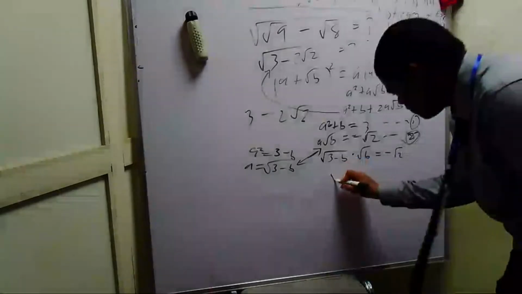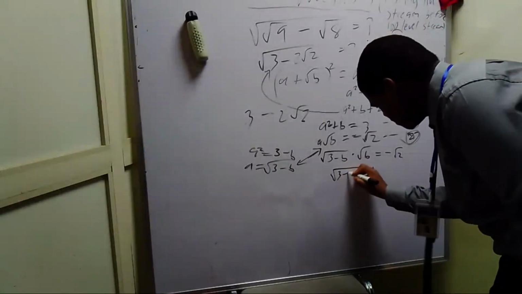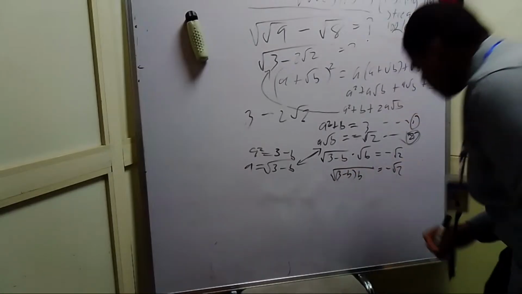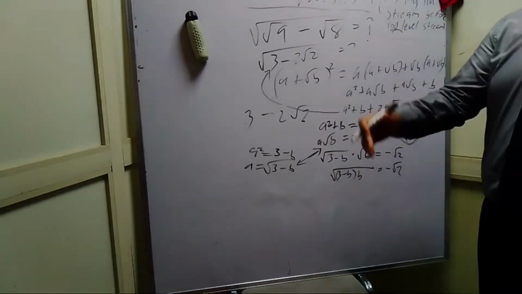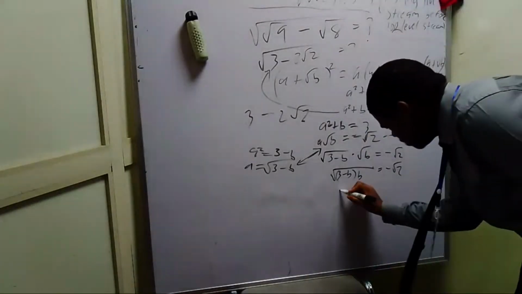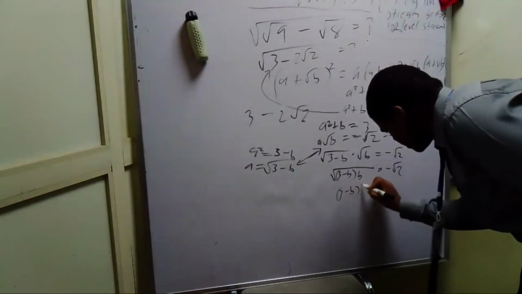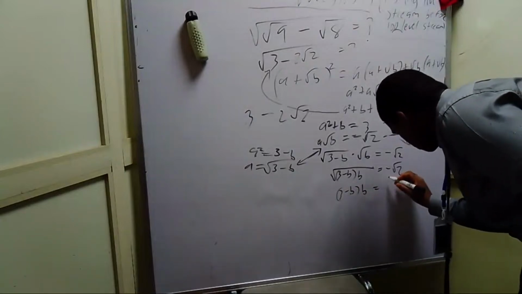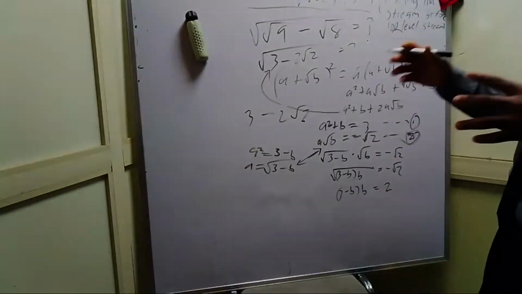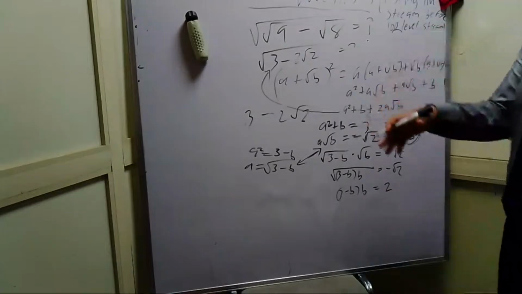And you have the square root of (3 minus b) times b is equal to minus root 2. Now what do you do to cancel out the square root? You square both sides. Then you have 3 minus b times b is equal to 2. Minus root 2 all squared is still going to give you 2. It's not going to give you minus 2, it's going to equal 2.